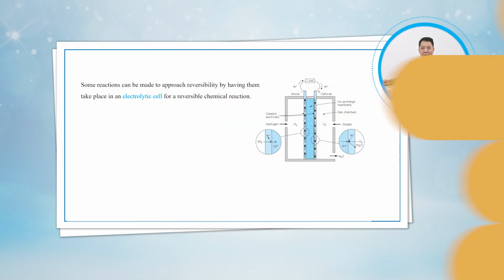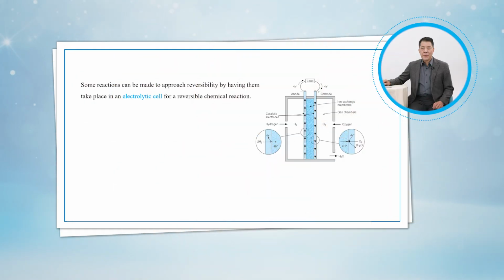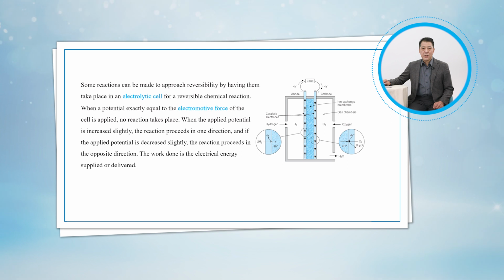The topic of this task is about the output work of fuel cell. Some reactions can be made to approach reversibility by having them take place in an electrolytic cell as shown in the figure. When a potential exactly equal to the electromotive force of the cell is applied, no reaction takes place.